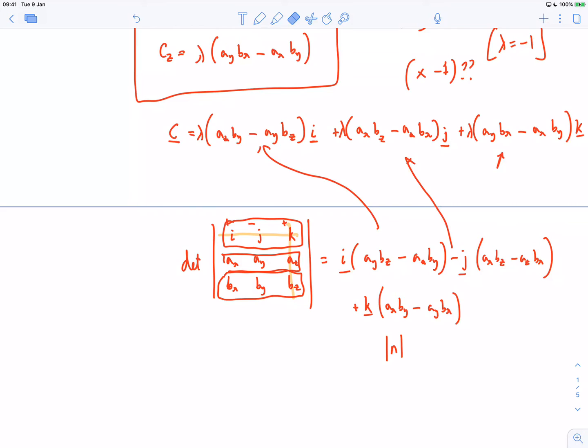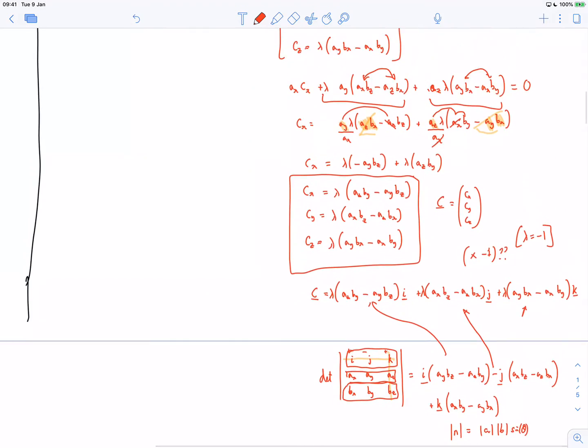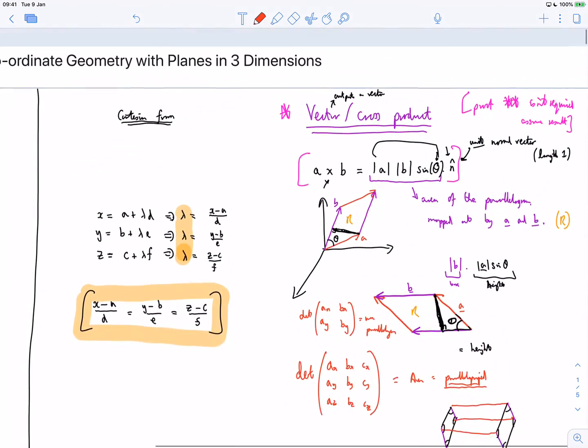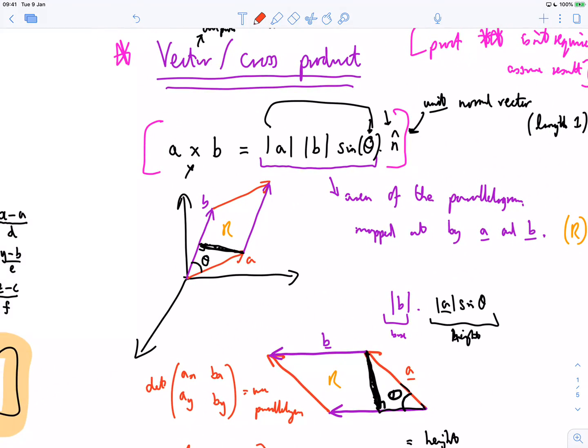And that clearly is the magnitude of A times the magnitude of B times sine theta, because that's the area of the parallelogram. Okay, so essentially that's how you can compute the vector cross product.